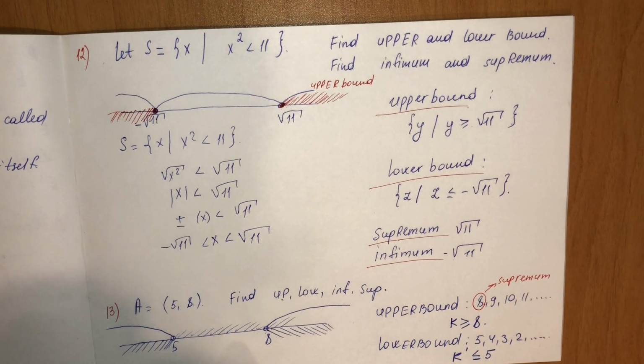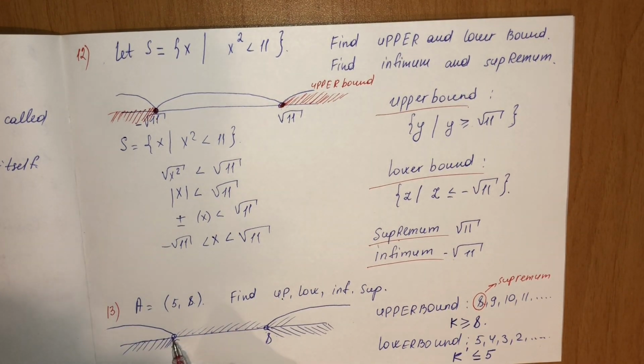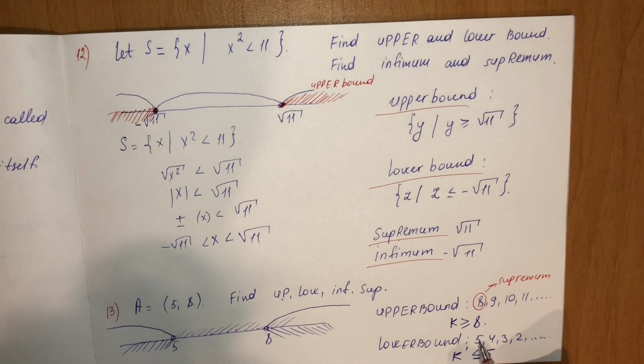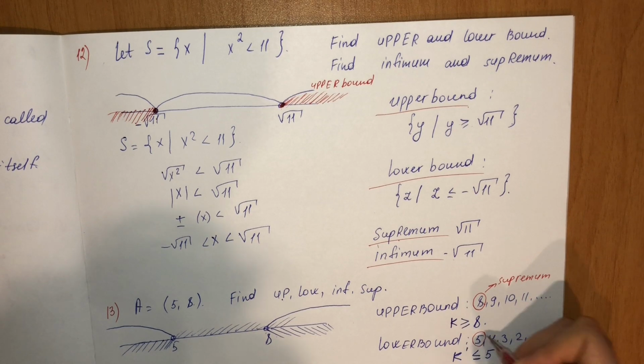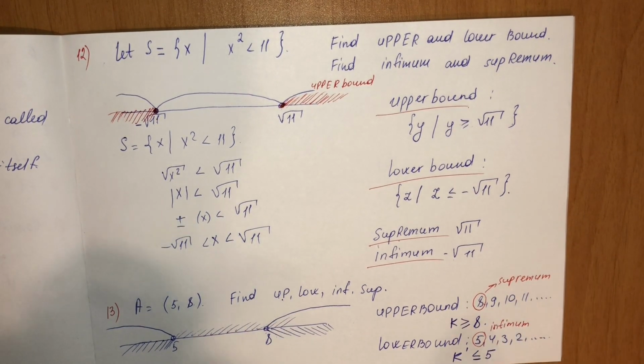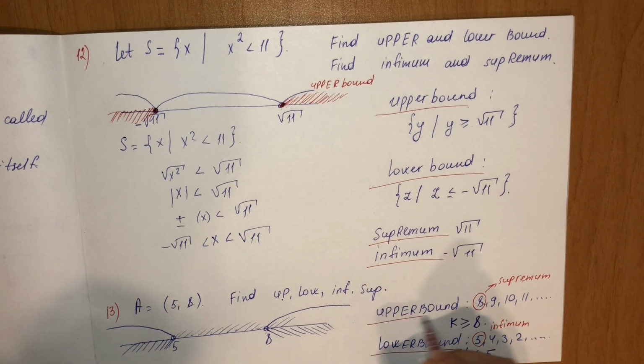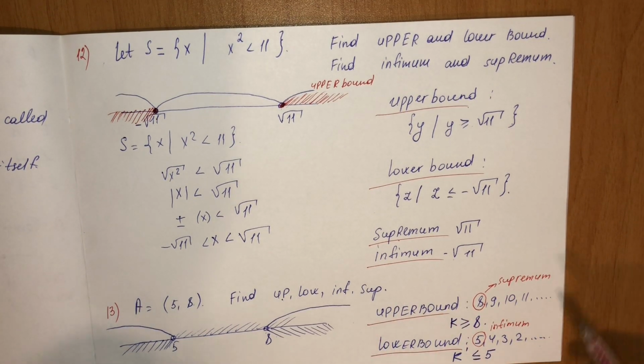The greatest element of the lower bound is the infimum. So the greatest element here is 5, because all other elements are less than 5. So 5 is the infimum of this set. We have found the upper bound, lower bound, supremum, and infimum of this set.